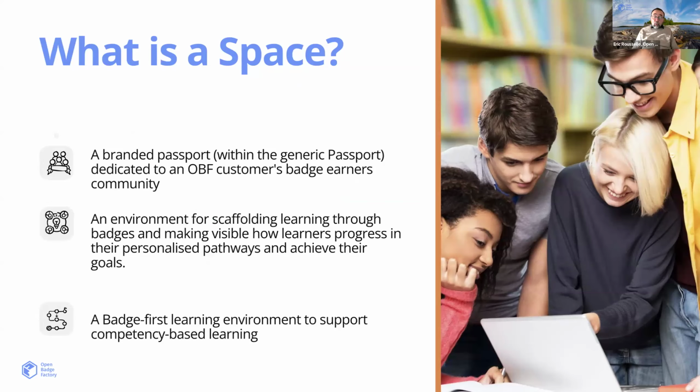For example, we have some universities that wanted the space so that the students can go straight, not only into Open Badge Passport, but straight into the space. And then in the space, you have a community view, which is filtered around these organizations. You can see only the students of this university. You can see the badges that have been earned by these students, and you can follow what is happening there. So it's a branded, dedicated space.